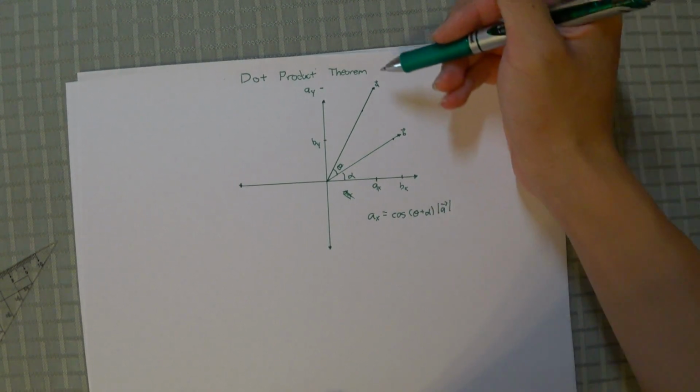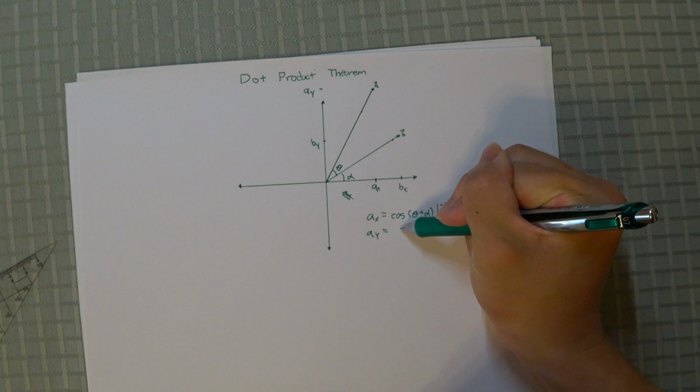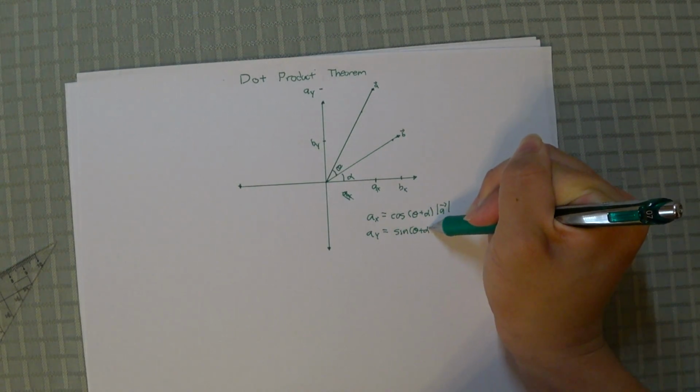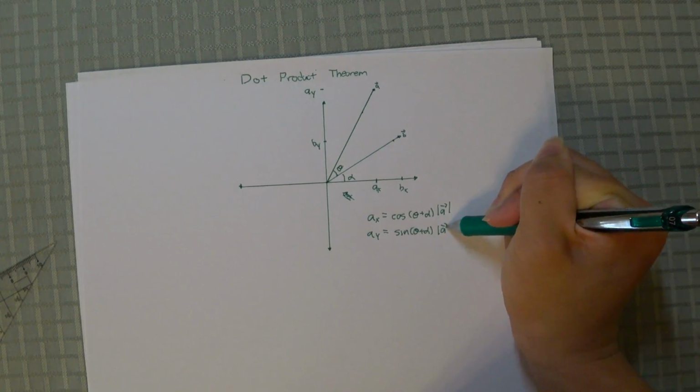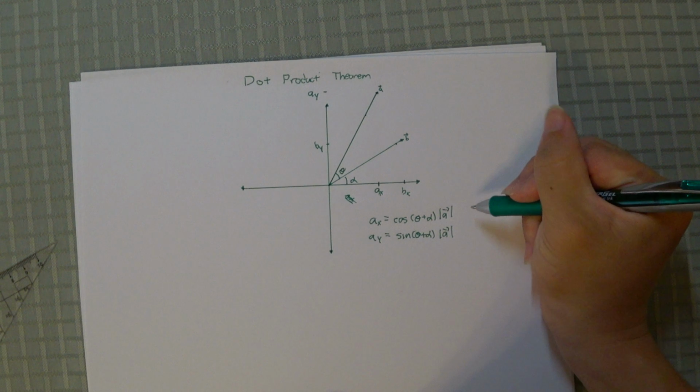Right? And then AY now equals the sine of theta plus alpha times the magnitude of vector A. What about BX?